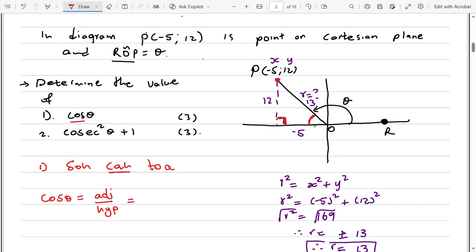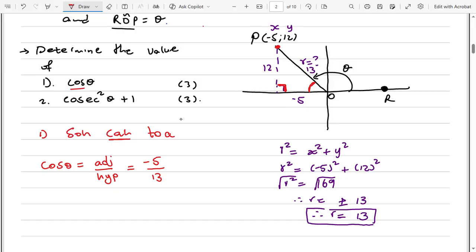Negative 5. So the answer will be minus 5 over, and then what is your hypotenuse? 13. Therefore, that's the answer, which makes sense. Cos in the second quadrant is negative. Therefore, the final answer is cos of theta is minus 5 over 13. And that's it. You get it now?